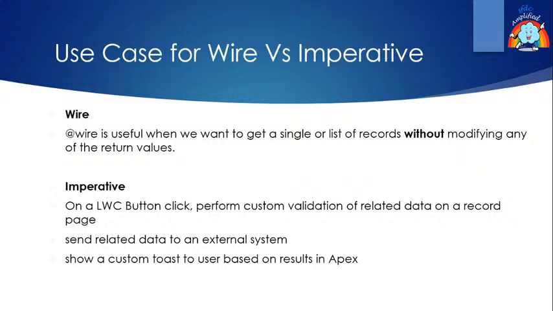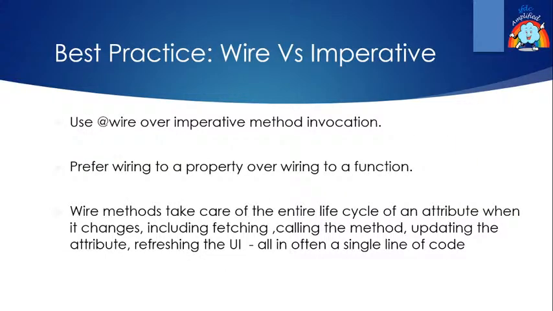But what are the best practices? It is always recommended to use wire over imperative whenever we can. For example, when we just want a list of records, we can do that using imperative and also using wire. With wire we have already seen that we can just view it, and with imperative we can do the same.